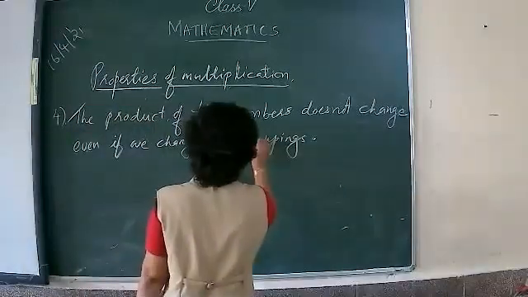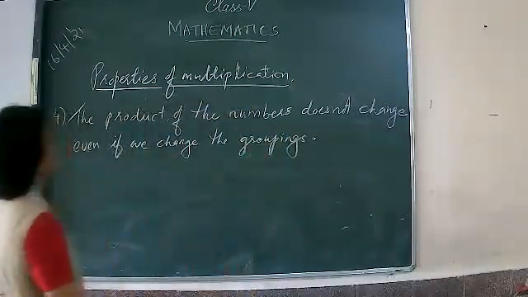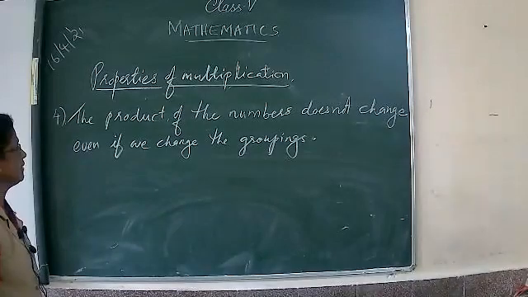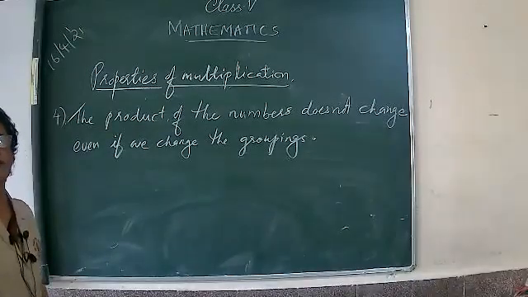Understood, children? What is that? The product of the numbers does not change even if we change the groupings there.